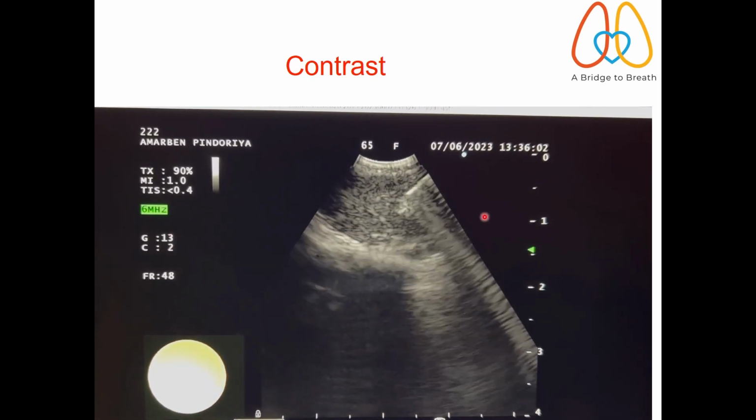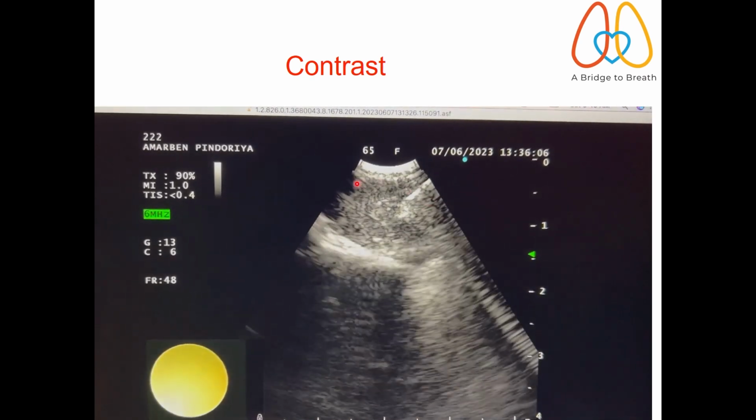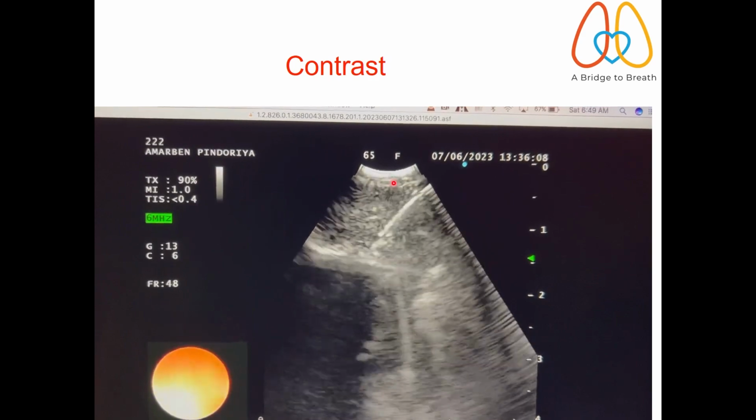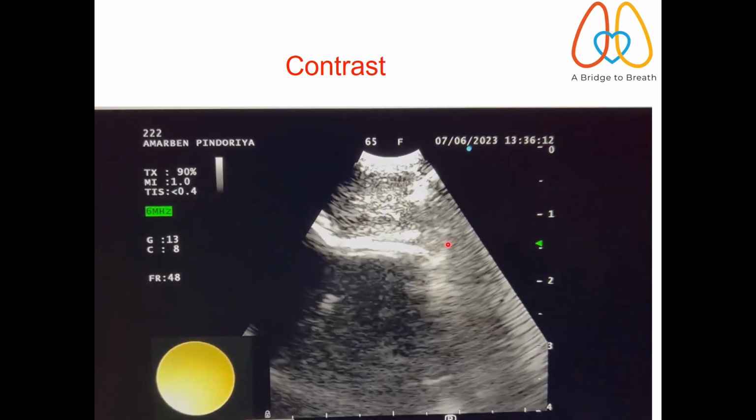You can see more bright spots coming here. As the gain and contrast increase, it is very much brighter, but we lose the detailing. Between the necrotic area and the semi-solid area you have a very large differential, and because of the brightness, you may sometimes lose the nearby structure or characteristic of the node.